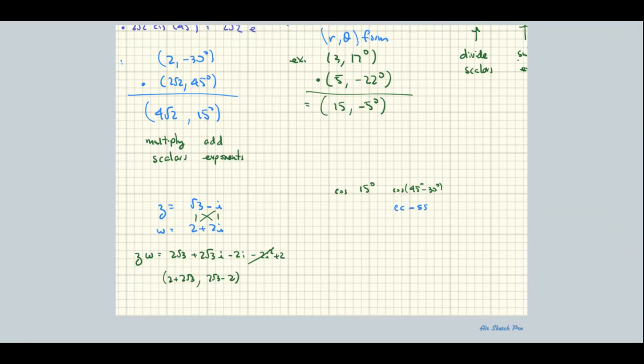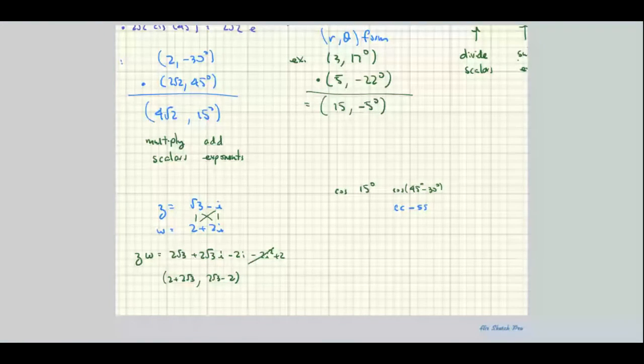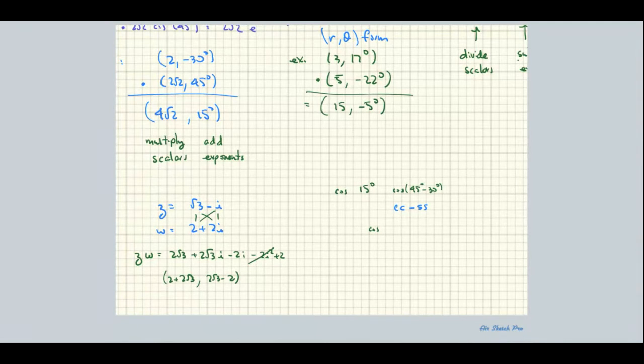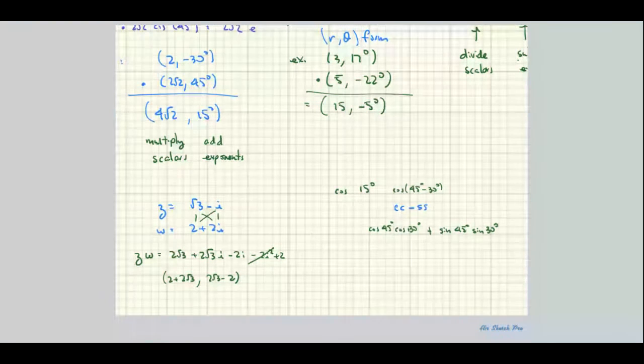We're going to let theta be 45 and phi be negative 30. And so I get cosine 45, cosine negative 30, which is the same thing as positive 30, minus sine 45, sine negative 30, but I'll make that positive because it's negative 30.